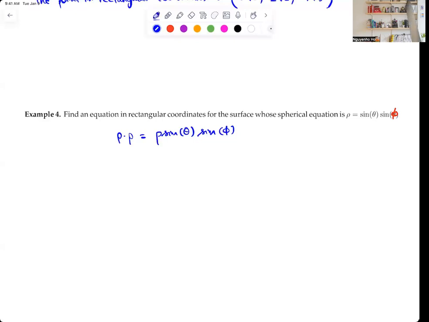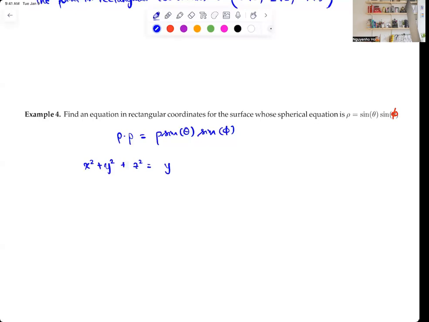The left-hand side is rho squared. What is rho squared equal to in terms of x, y, and z? Just x squared plus y squared plus z squared. Very straightforward. So x squared plus y squared plus z squared equals y.